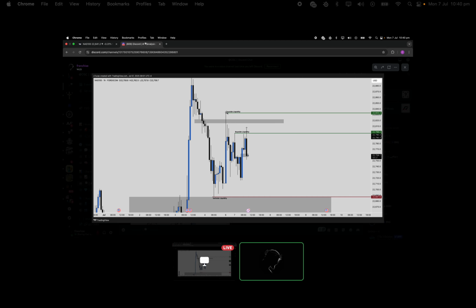So we've got one here, and then we've got one here also. We take that out, and the draw on liquidity is still lower here.